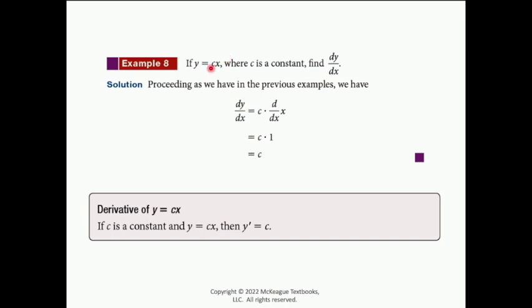So then I would have c times x to the 0, then we can say that x to the 0 is 1. Which means we have c times 1. So this is just a fancy way of saying if you take the derivative of c times x, the derivative is just going to be c.